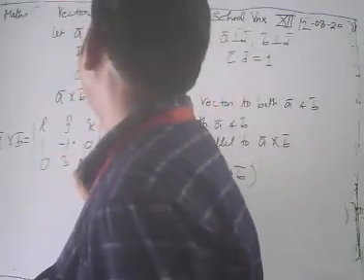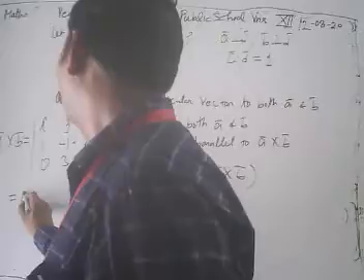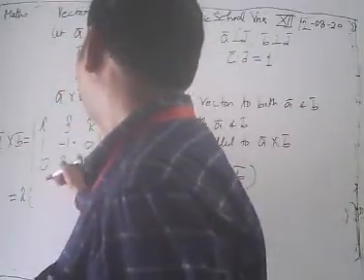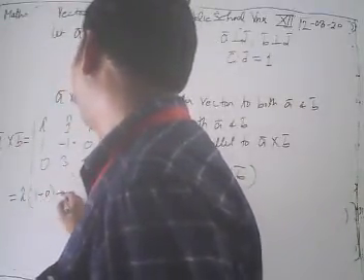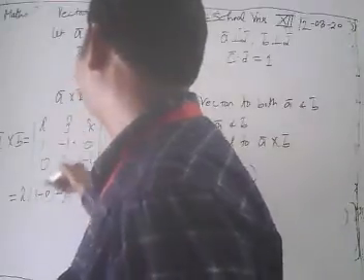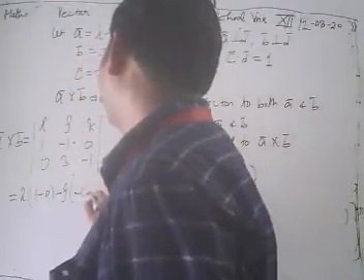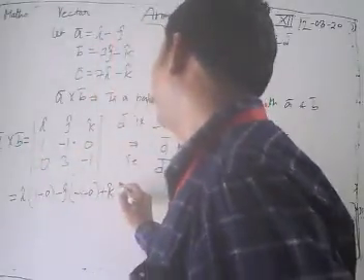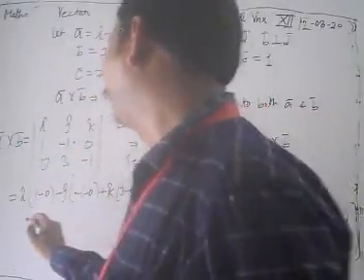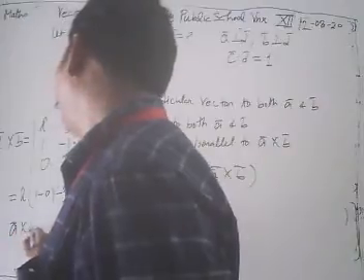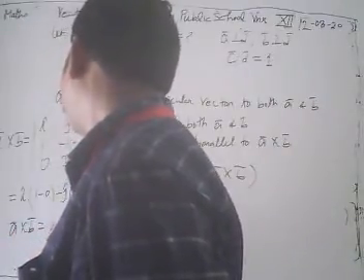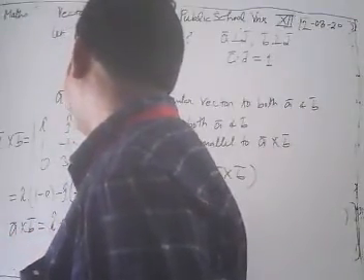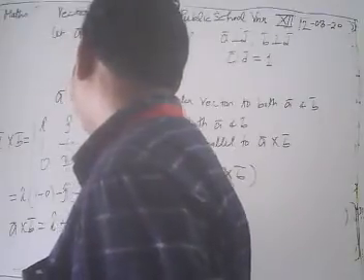Then 3 and minus 1. Now I cap: 1 minus 0, minus J cap: minus 1 minus 0, plus K cap: 3 minus 0. Now we get the vector A cross B as I cap plus J cap plus 3K cap.